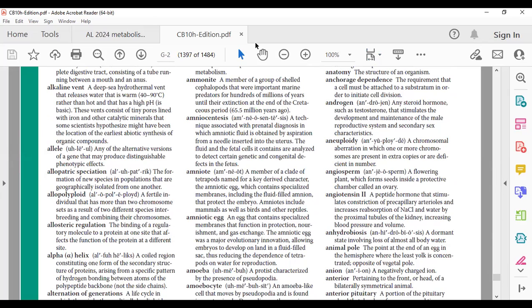I will give you a definition of an allosteric enzyme.